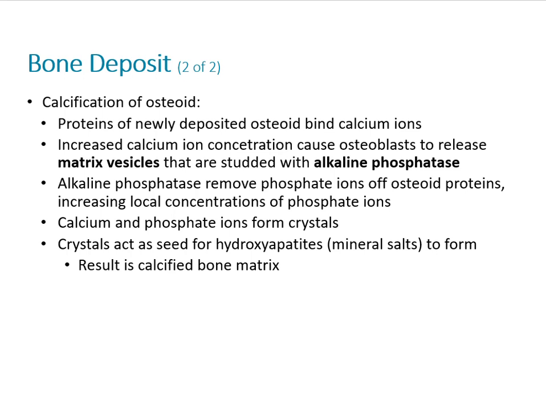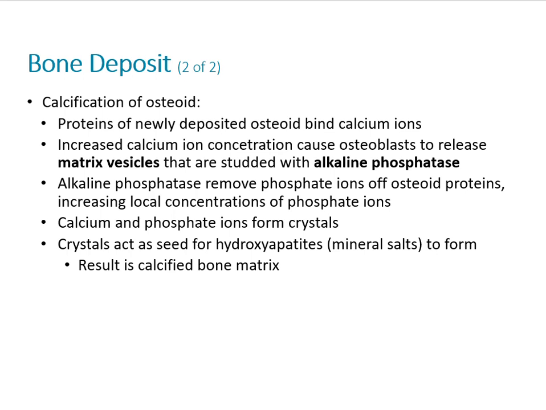So let's talk about how that new osteoid is eventually calcified. Well, there are proteins in the newly deposited osteoid that will bind calcium ions. They do so through a series of steps that increase calcium ion concentration, which causes osteoblasts to release specialized vesicles that have these chemicals on the outside called alkaline phosphatases. And those phosphatases remove phosphate ions off of the osteoid proteins.